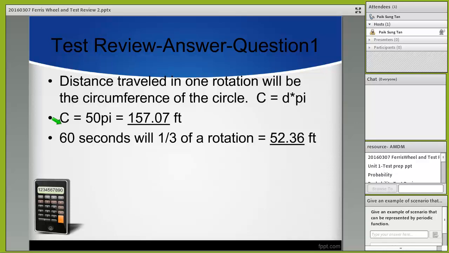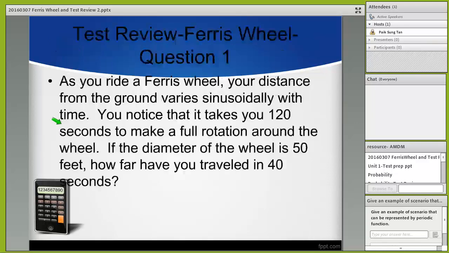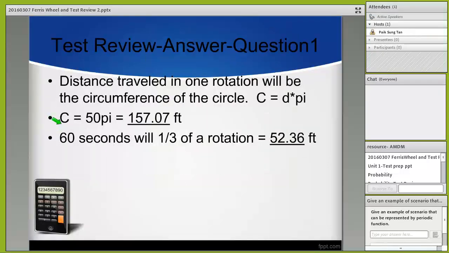And 40 seconds will be 1/3 of the rotation. Why 1/3? Sorry, 40 seconds. Why did I type 60? 40 seconds.